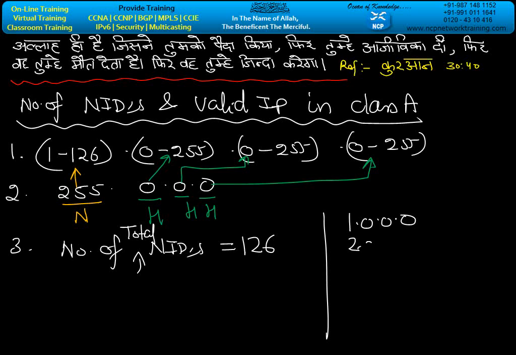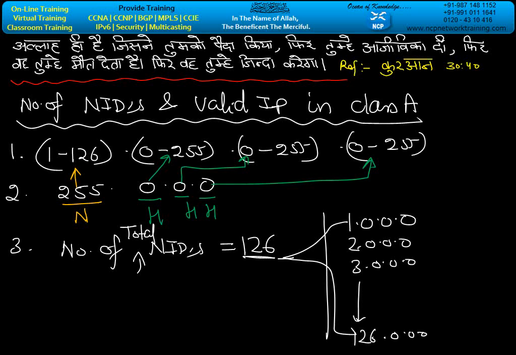If I write 2.0.0.0, again it's a NID, the next NID after the 1. 3.0.0.0 is the next NID, and 126.0.0.0 is the last NID in class A. So total NIDs in class A is 1 to 126, 126 total NIDs. In class A, we can make 126 total NIDs, not more than that. Or you can say 126 plots in an area.